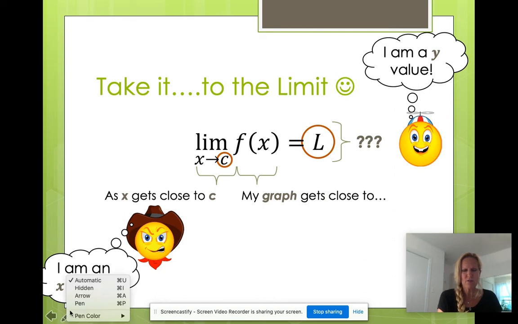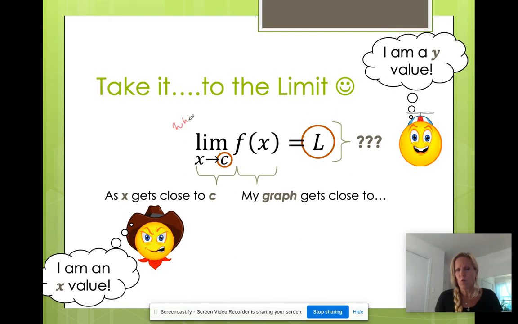Right? So I also need you to think about the fact that the limit isn't really a number. The limit is asking you, what behavior do you see on the function around the range values that correspond with values around this domain?